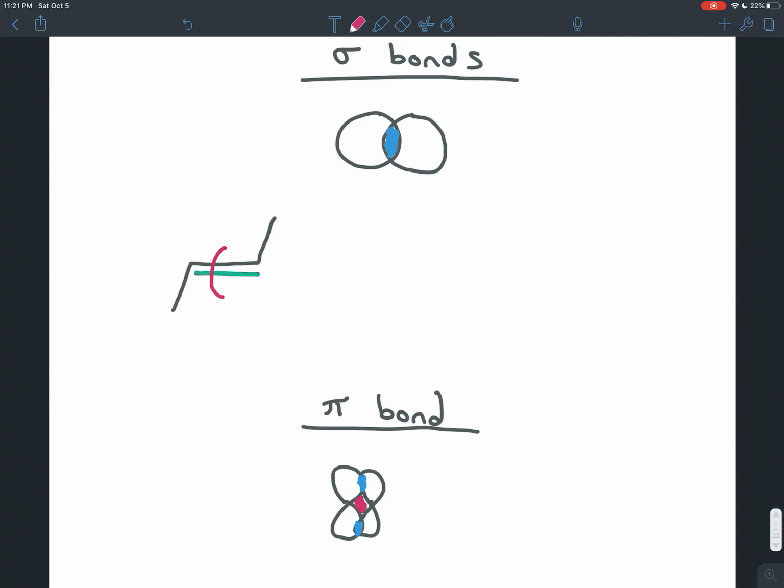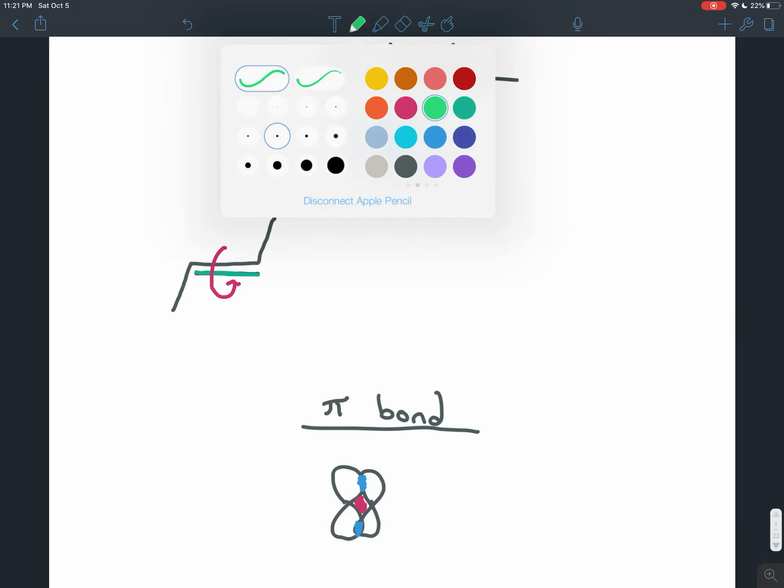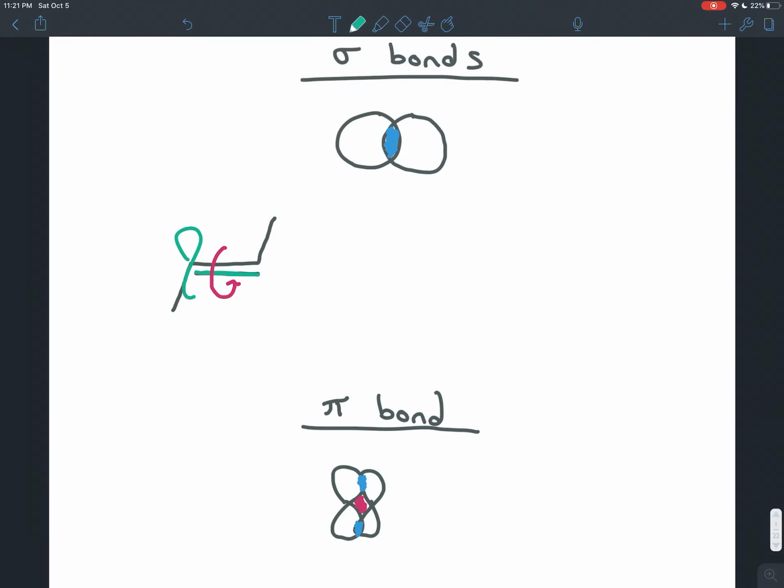If you try to rotate this bond, one of the p orbitals will stay going up and down, but as you rotate the bond, the other p orbital would be going in and out. They wouldn't overlap anymore, and so you destroy the pi bond.